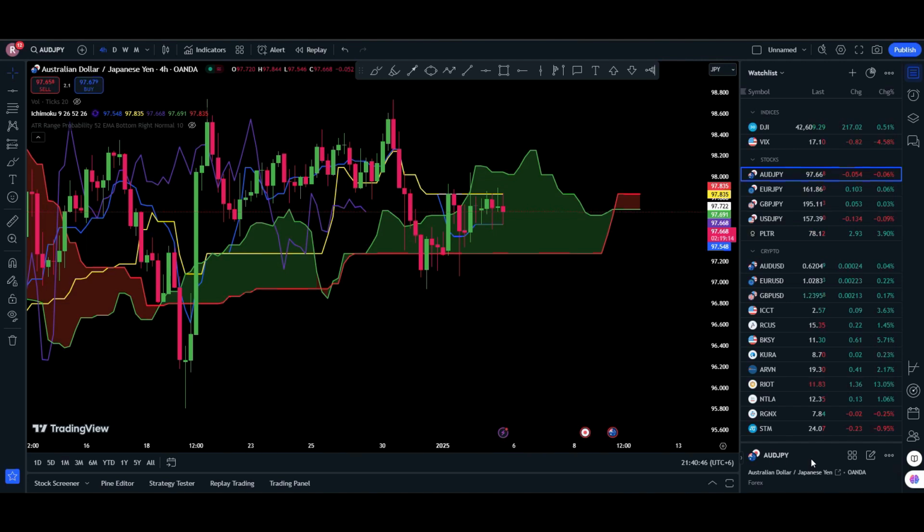In this second part we will discuss two things. In the initial portion we'll discuss the cloud especially, and in the second portion we'll discuss how to determine the stop loss.